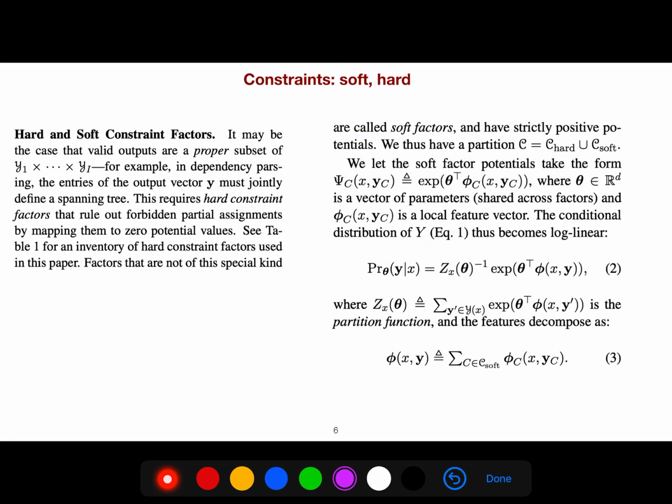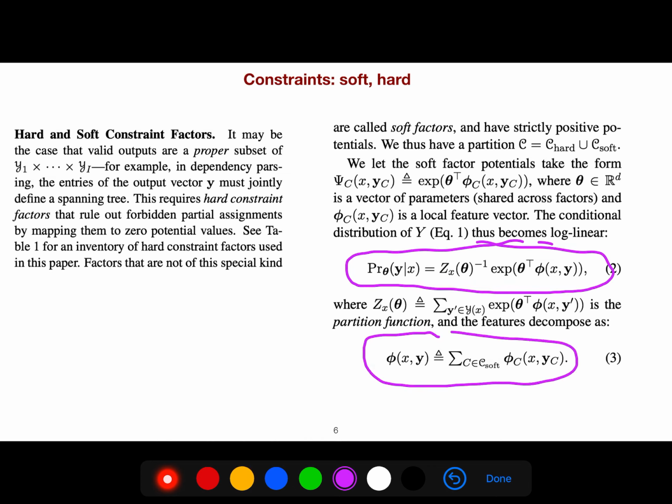So we resolve hard and soft constraints, just like before when we used linear models. Theta is the parameter that we should learn. Phi is the features. Of course, theta here is shared across factors, and phi is the sum over all those features.